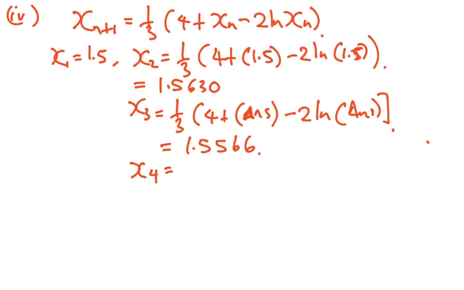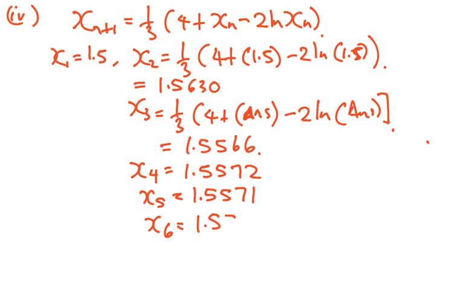And x4, do the same thing again and again until you get a few values. So x4, I've got the answer as 1.5572. x5, I got the answer as 1.5571. x6 equals 1.5571, and x7 is also 1.5571.